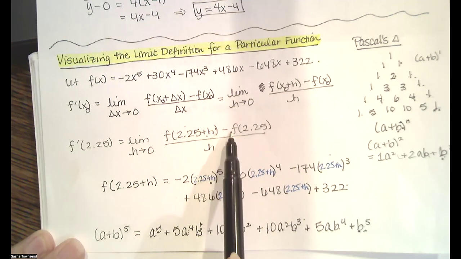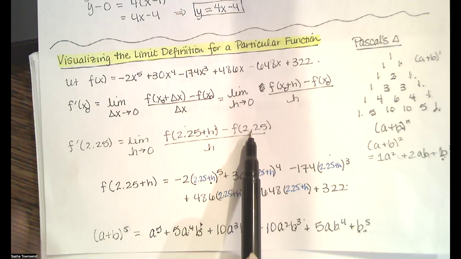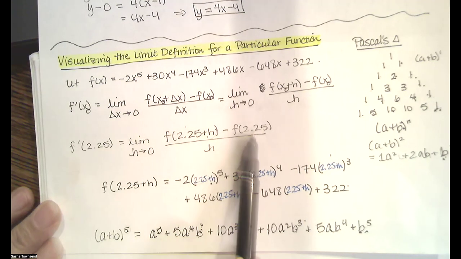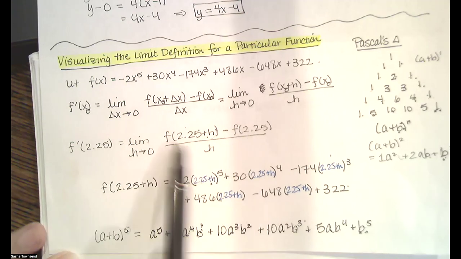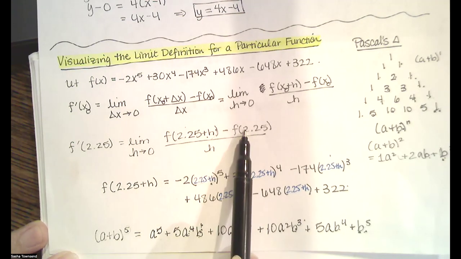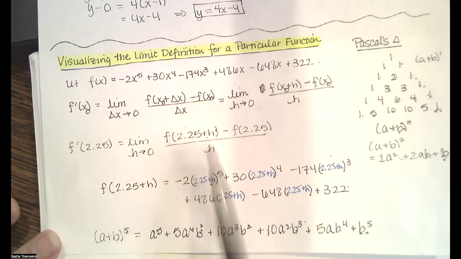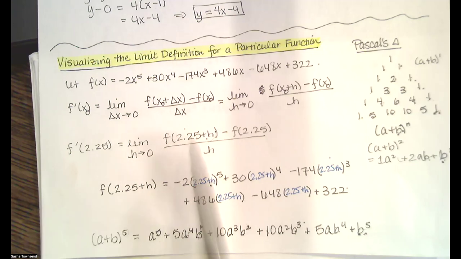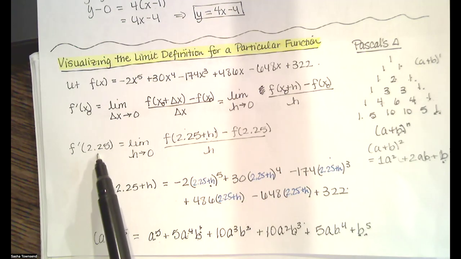And then we're going to subtract f evaluated at 2.25, which is just a number. And when we are done, all of the numbers are going to cancel. And we're going to have a factor of h in every term. You factor that h out, the h is reduced, and then you'll be able to substitute h equals 0. When you do, that's going to give you the slope of the function at x equals 2.25.